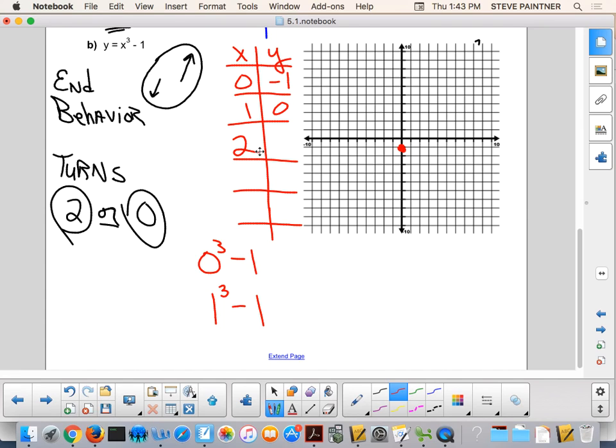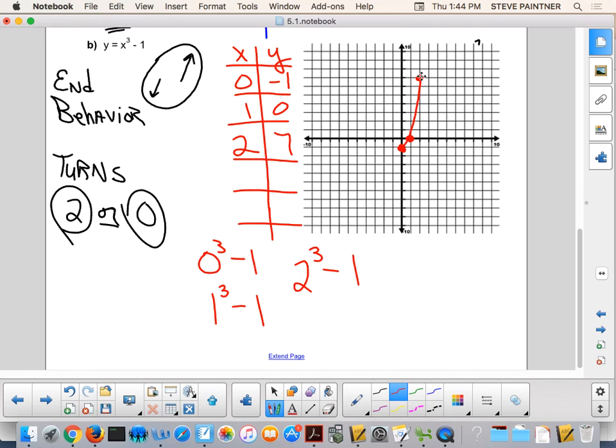They get a little harder. If you put a 2 in, 2 cubed, take away 1. That's 8, take away 1, 7. Okay, you can do that. Now, be careful when you start doing the negatives. There's my graph so far.